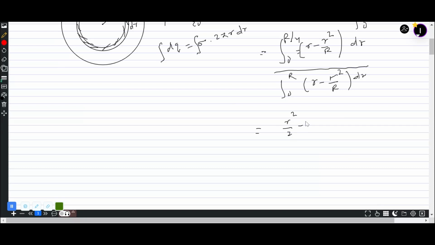What is r square over R? That is r cube over 3R. Limits are 0 to R by 4, and down you have same thing, r square over 2 minus r cube over 3R, 0 to R.